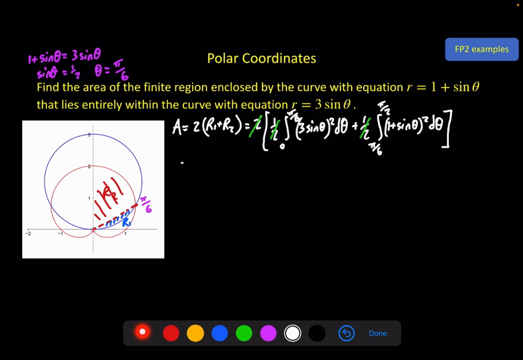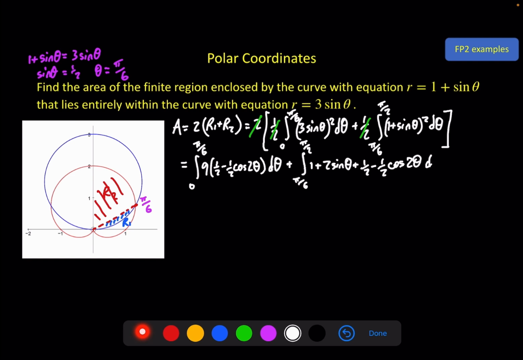Squaring my brackets, getting ready to integrate, we've got from 0 to pi by 6 of 9 sine squared theta, and I'm going to change that sine squared theta into a half minus a half cos 2 theta, plus our second integral, pi by 6 to pi by 2, 1 plus 2 sine theta plus, and again I'll change that straight away into a half minus a half cos 2 theta d theta, and as we had previously, I'll get rid of that 1 there and add it on here to make 3 over 2.